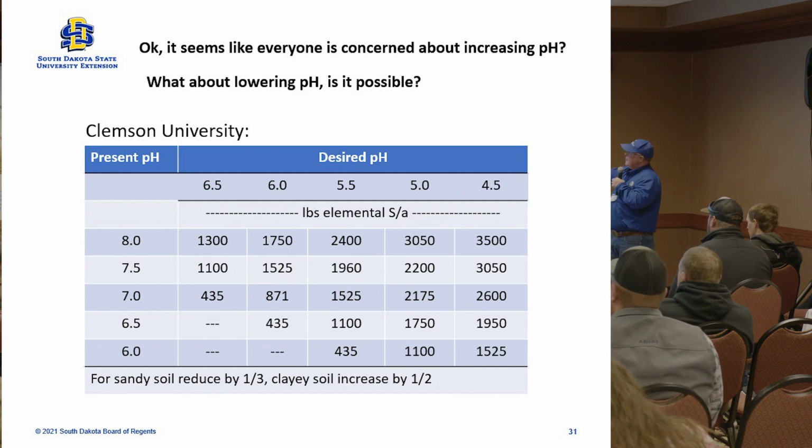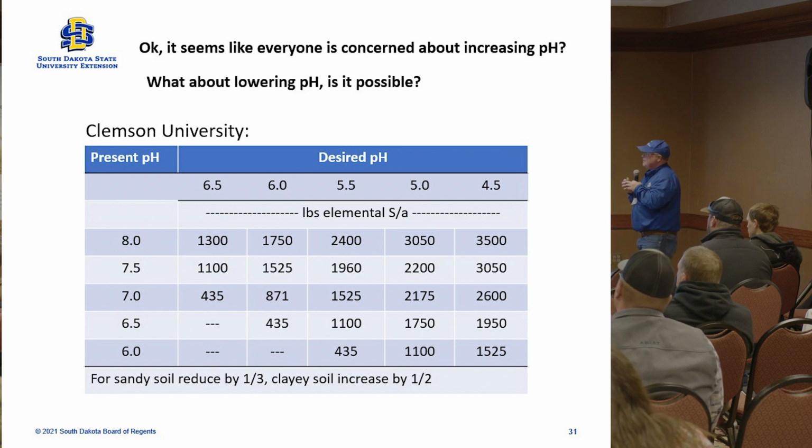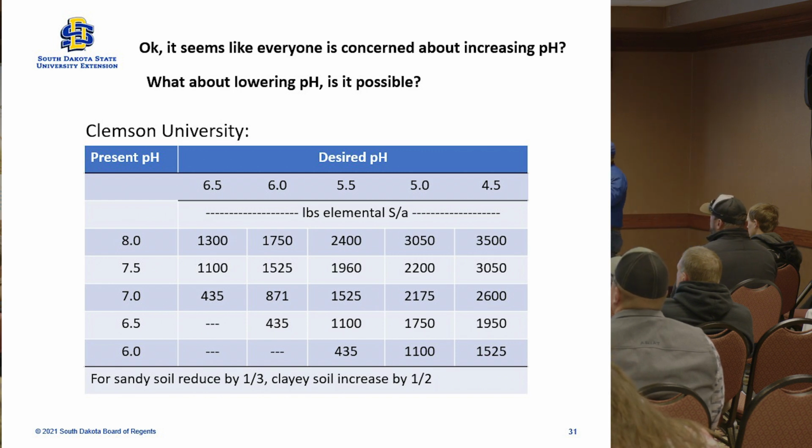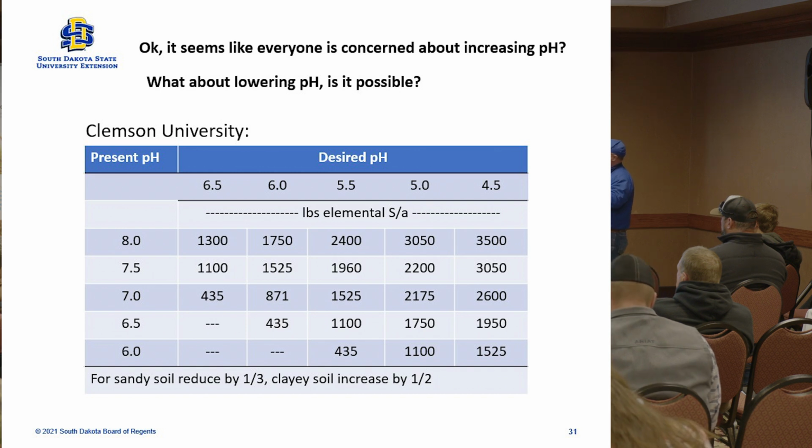So let's talk about the other problem, why I got asked to come. What about increasing? Everybody wants to increase. What about lowering pH? This is Clemson University's recommendations for applications of elemental sulfur right here, depending upon the soil pH you have and the pH that you want in the soil.